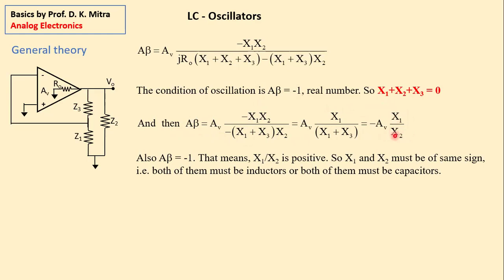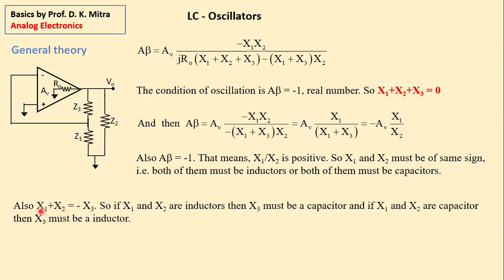That means both of them must be inductors or both of them must be capacitors. Further, since X1 plus X2 is minus X3, if X1 and X2 are inductors, X3 has to be a capacitor. On the other hand, if X1 and X2 are capacitors, then X3 has to be an inductor.